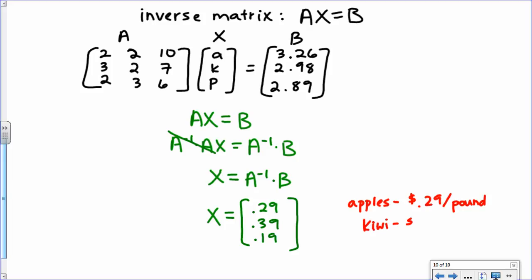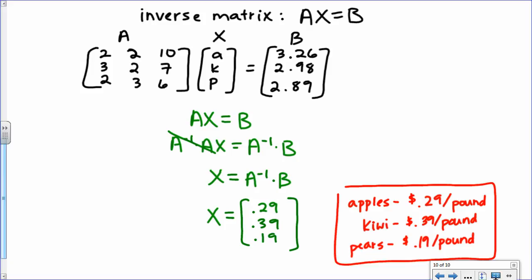Kiwi is 39 cents per pound. And pears are 19 cents per pound. Okay, so here's my answer.